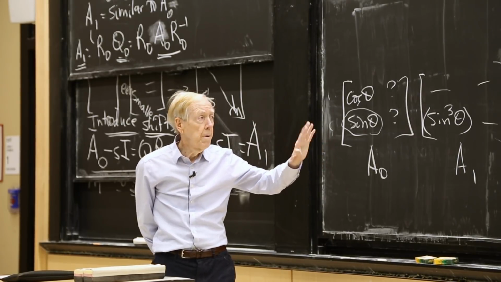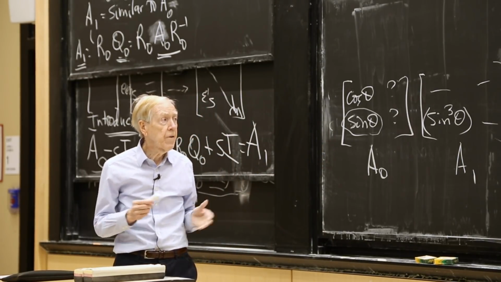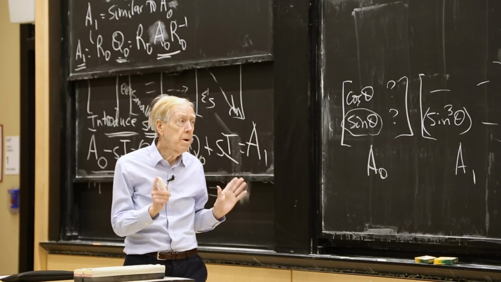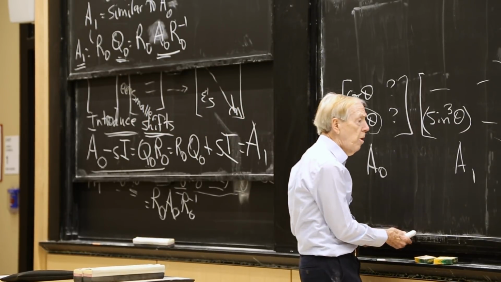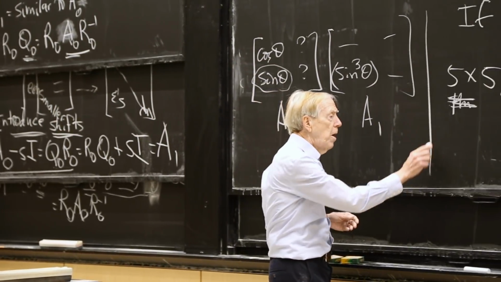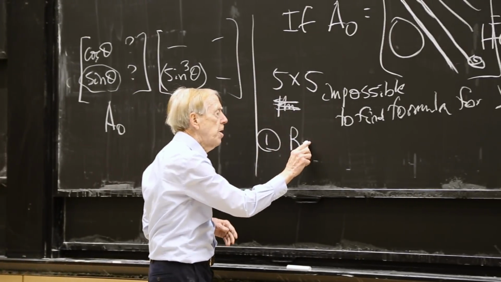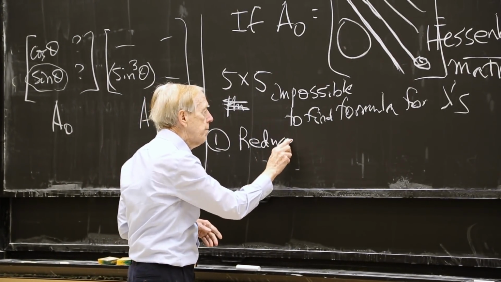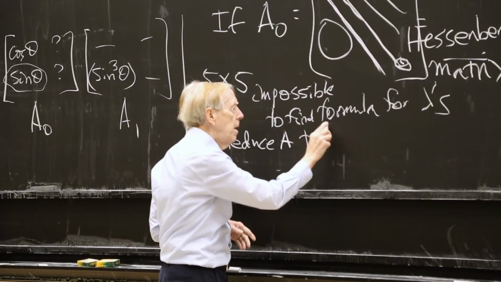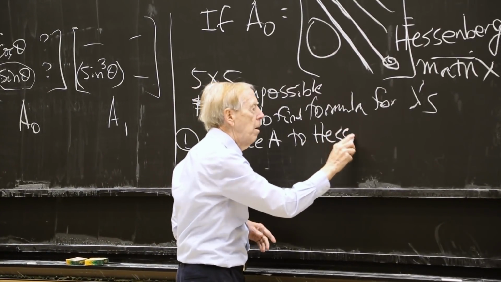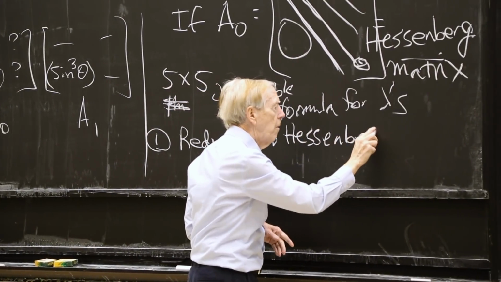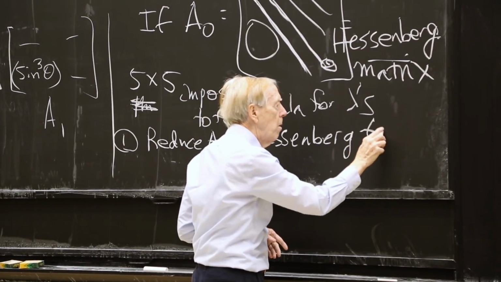It cuts the work down significantly. So the full QR method is step 1, reduce A to Hessenberg form with these zeros.